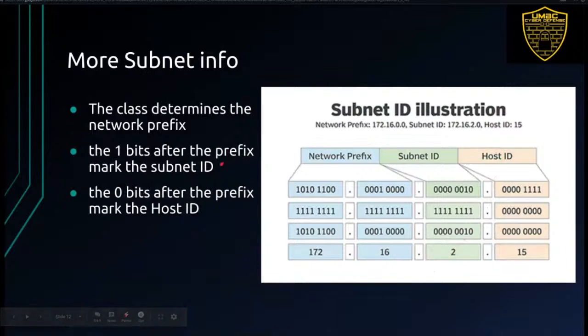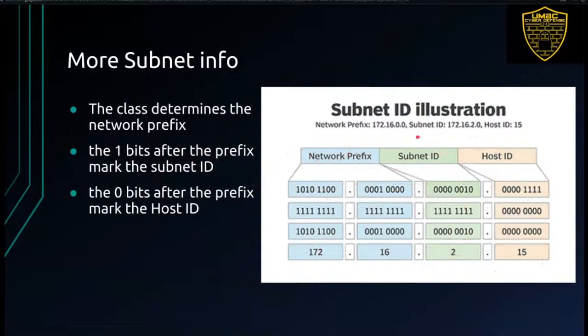And so the 1 bits after the prefix are deciding what network it's going to be on, and the zeros after are deciding what host it is. So in the example here, we have 172.16.2.15.